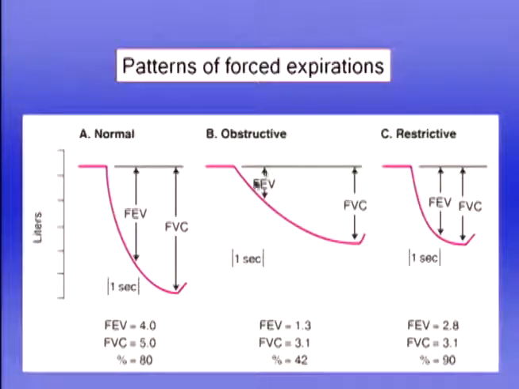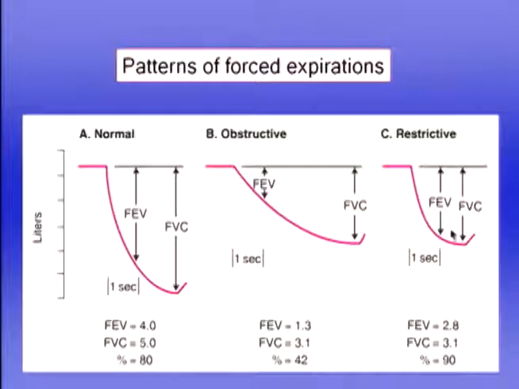But more striking, the forced expiratory volume is extremely small, and that's because of the airway obstruction. In fact, in this example, the FEV1 is only 42% of the FVC, very different from the normal subject where the percentage was 80.